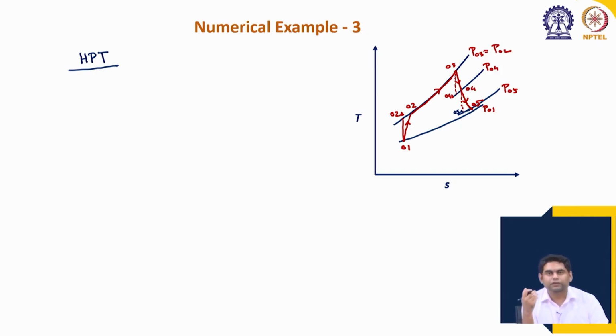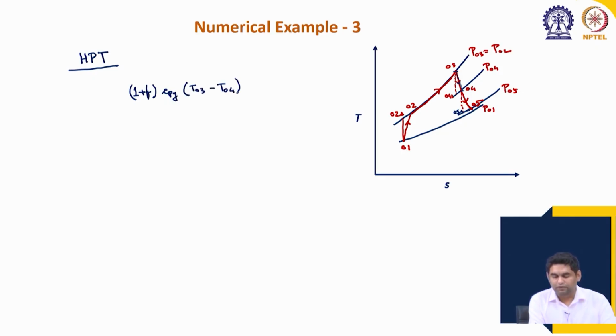We do not know, but we know that there is a given condition that the entire work generated by this turbine from 03 to 04 is used up for running the compressor. So, we can equate the work generated by the turbine, which is (1 plus F) Cp of gas (T03 minus T04), the work generated by the high pressure turbine per unit mass flow rate of air through the gas turbine.